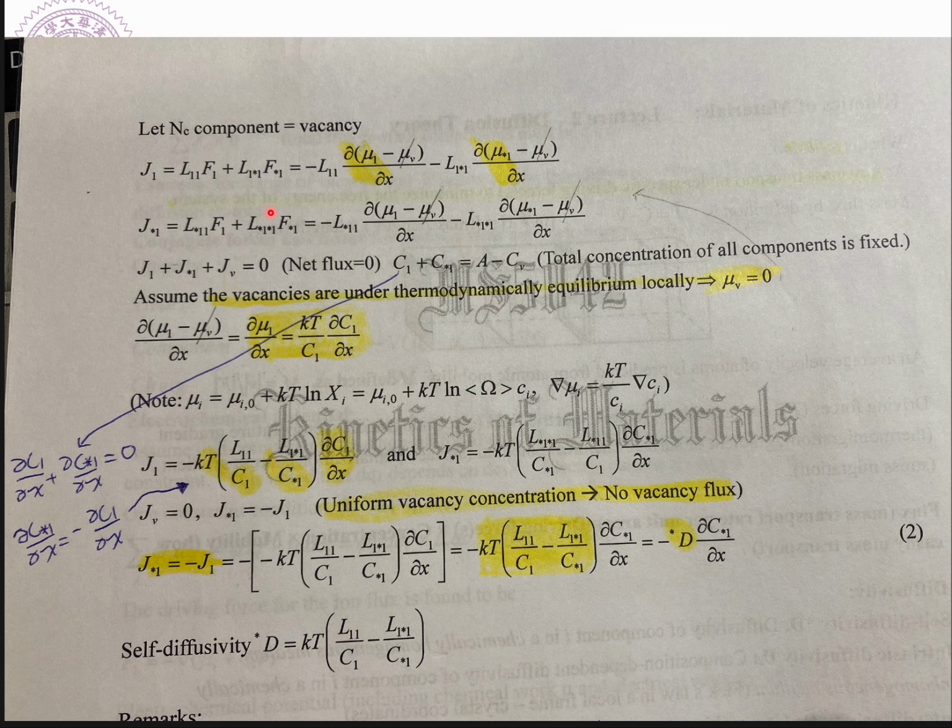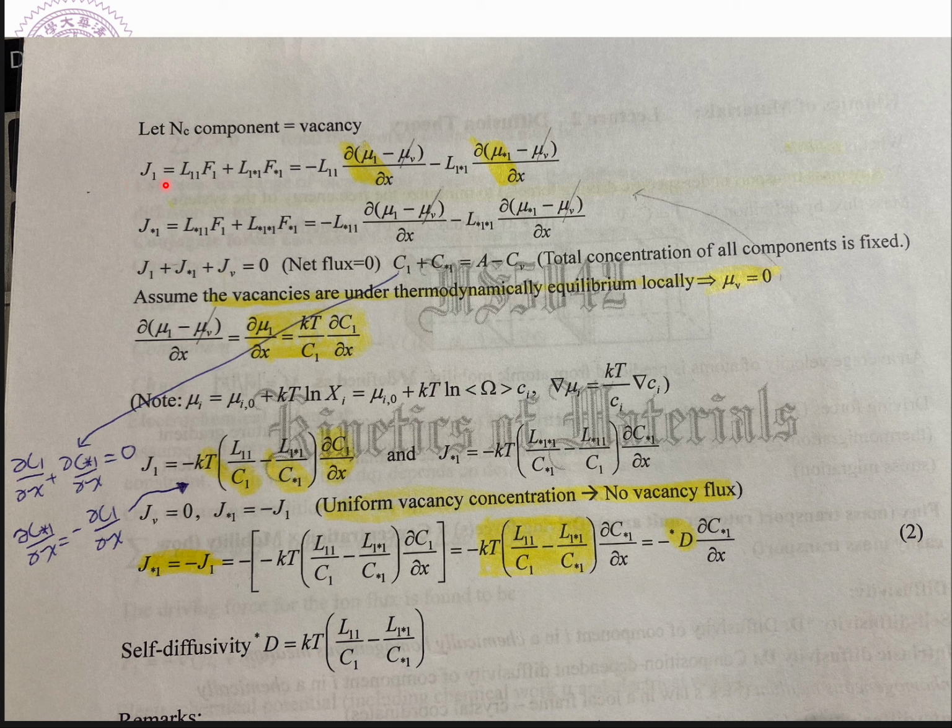The idea here is we start by formulating the flux of component I and the flux of radioisotope I. As you know, based on the force-flux relationship, the direct flux is driven by F1 and the coupled, indirect flux is driven by F star 1. Regarding the radioisotope, the direct flux is driven by F star 1 and the indirect flux by F1, times the coupling coefficient.